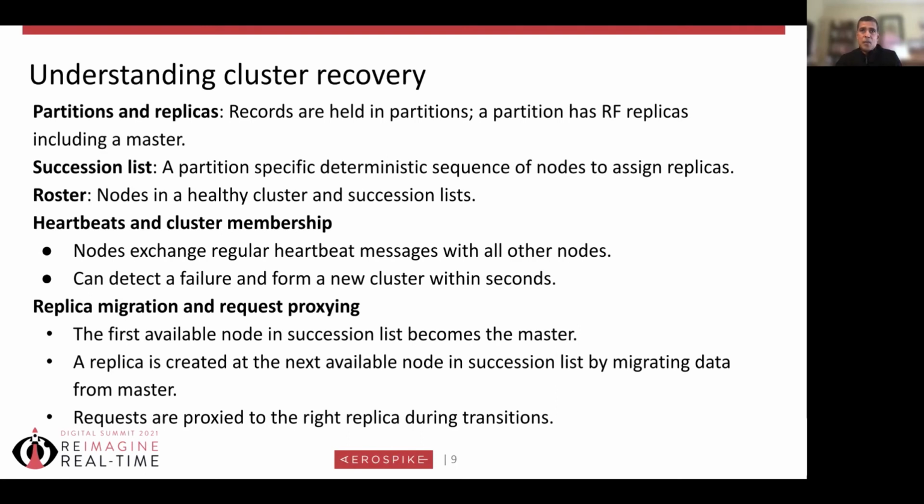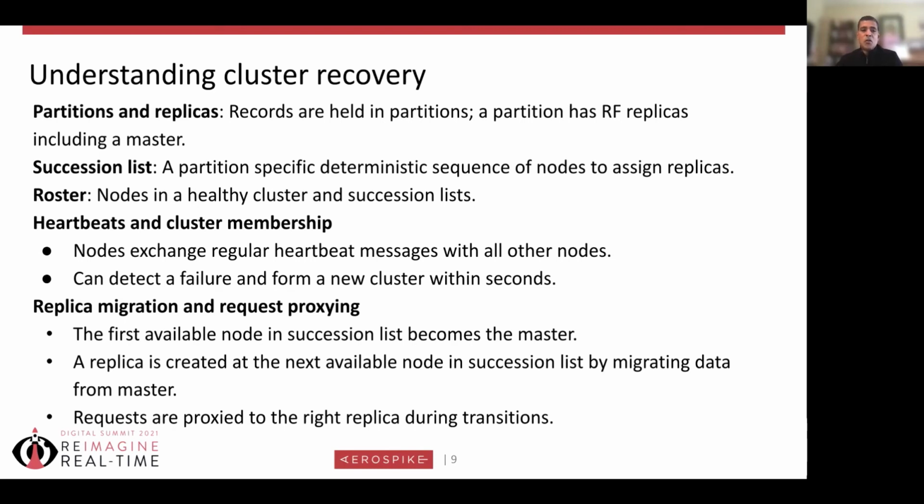The heartbeat messages are of sub-second frequency, and if you don't hear from a particular node for a certain number of heartbeats, it is considered unavailable or dead. Through this mechanism, a failure or inaccessibility of a node is detected quickly, and a new cluster state is formed within seconds.